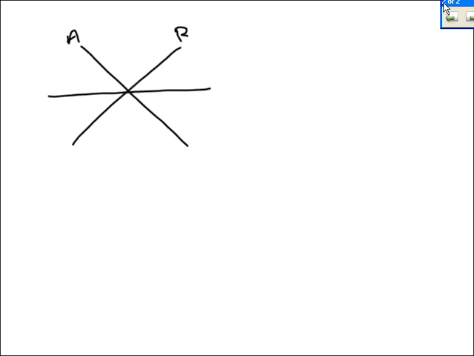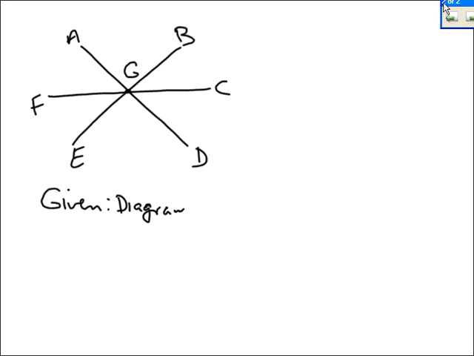Suppose you're given something like this. A, B, C, D, E, F, G. And you're given the diagram, and you want to prove that angle AGD is congruent to angle EGD.